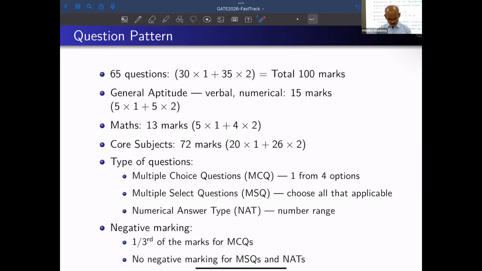You should prepare right now using this online calculator to solve these problems. Initially, maybe try to solve normally, but at least for the mock exams, you should definitely use the online calculator. Coming to the marks, general aptitude has a mix of verbal, numerical, and something about reasoning.